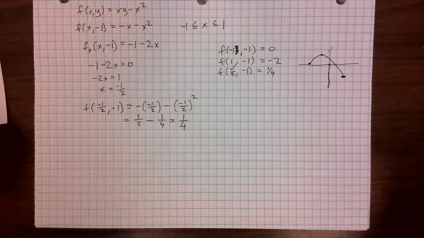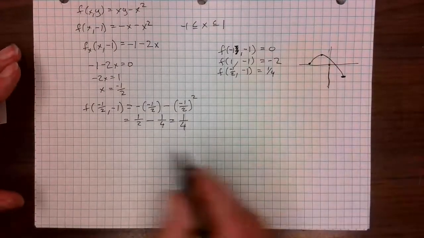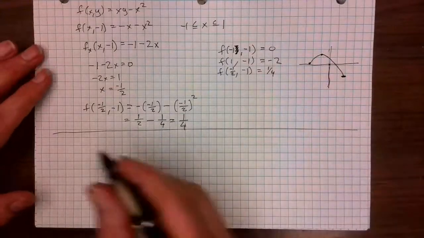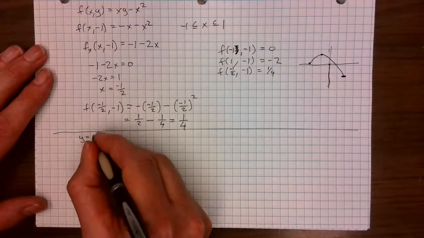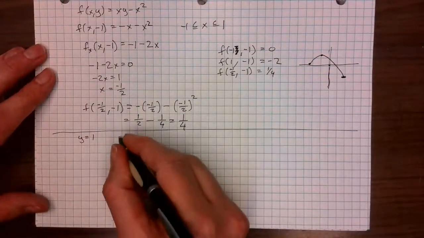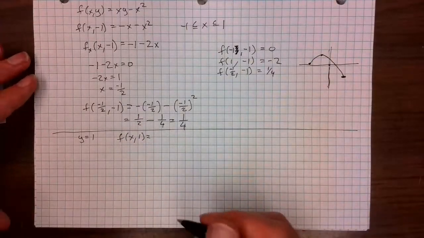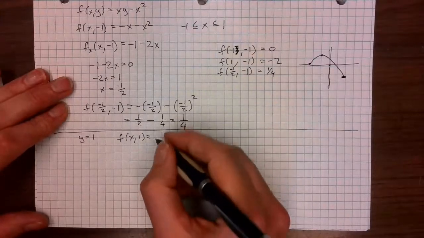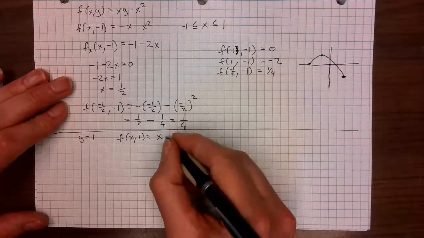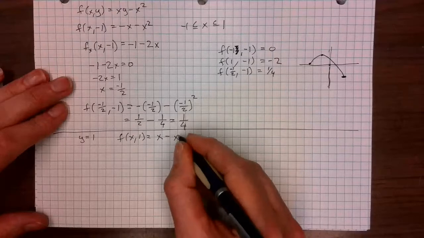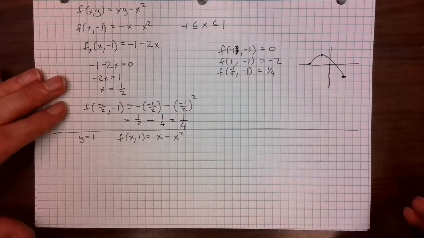Well, let's continue, right? I could do the same exact thing now for y equals 1, right? So when y equals 1, f of x, 1 is going to be x minus x squared, right?